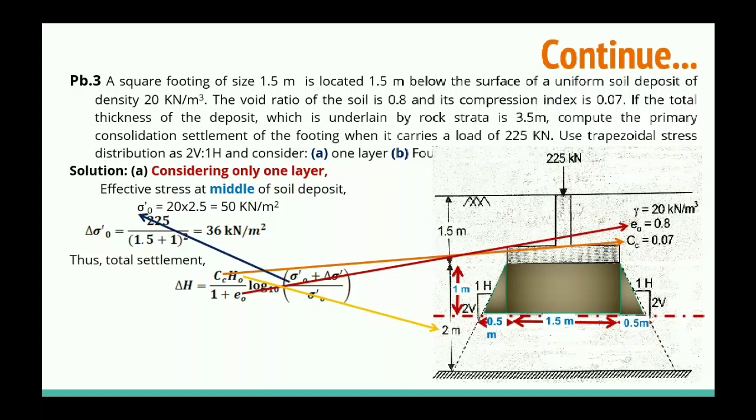We have the initial effective stress, that is 50. We have the change in the effective stress, that is 36. We will put these in this formula and we get 18.3 mm. Means in the first part, when we consider 1 layer of soil deposit, the settlement is 18.3 mm.